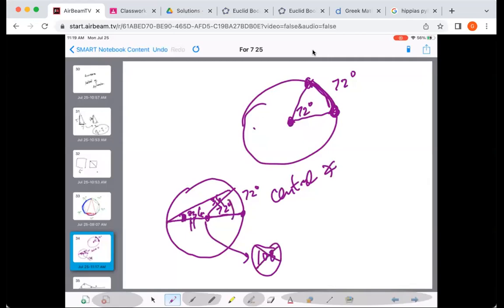So what this shows is that if you have an arc, like a 72-degree arc, and you draw a diameter as one of the sides, this angle, called an inscribed angle, will be half the arc.